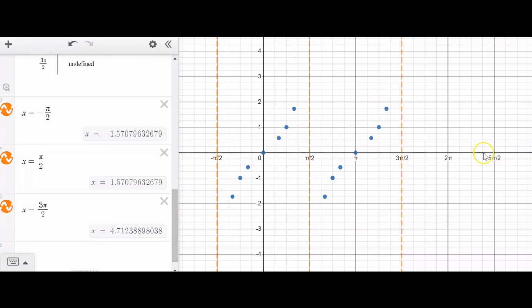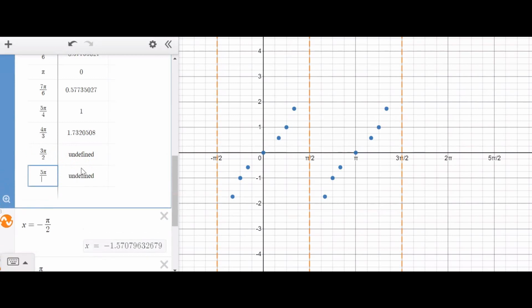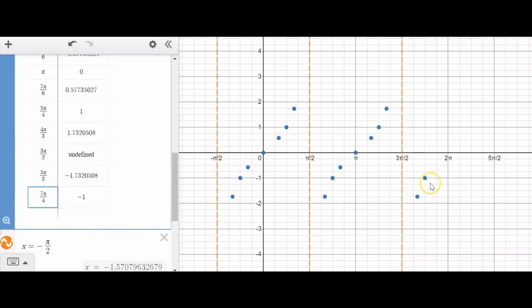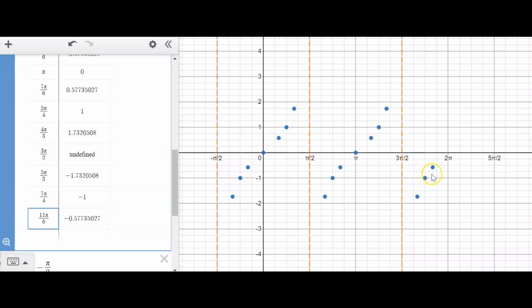And remember, we're going out to 5 pi over 2, so let's see what happens again. After 3 pi over 2, we have 5 pi over 3, which gives us down here again negative square root of 3. Then we're going to have 7 pi over 4, which gives us negative 1. Then 11 pi over 6, which once again gives us negative square root of 3 over 3. Then we go to 2 pi and we get 0.